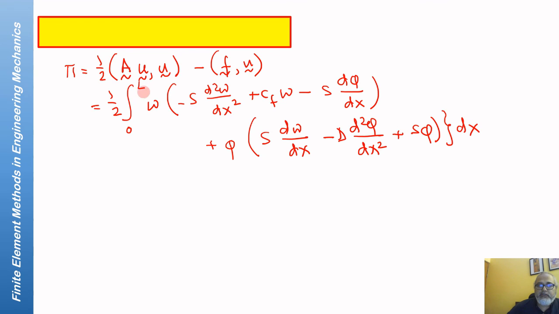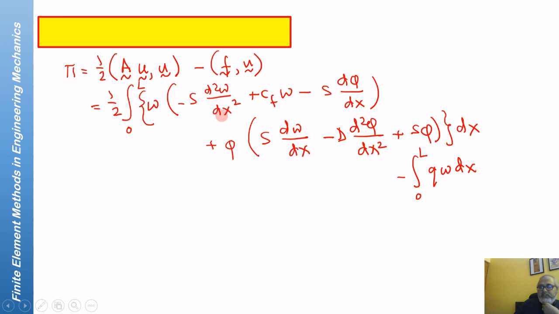So this is AU comma U, minus FU is easily obtained. FU would be 0 to L Q times W dx. So this will be F dot U.